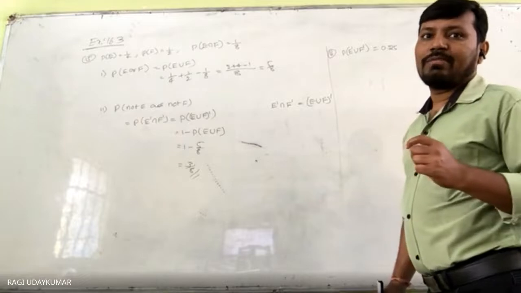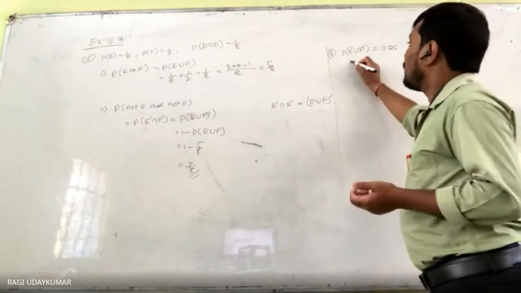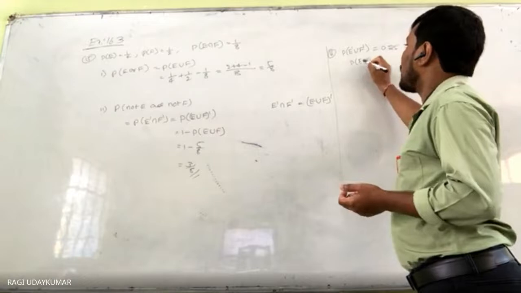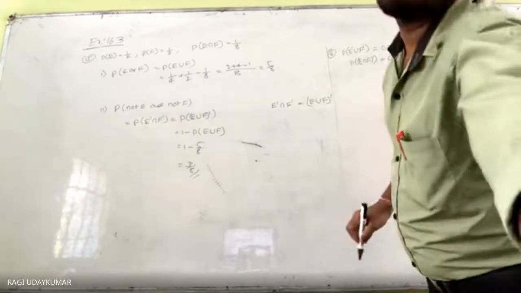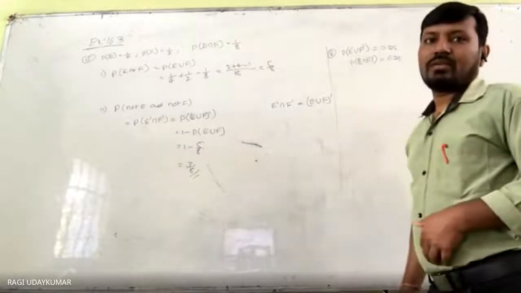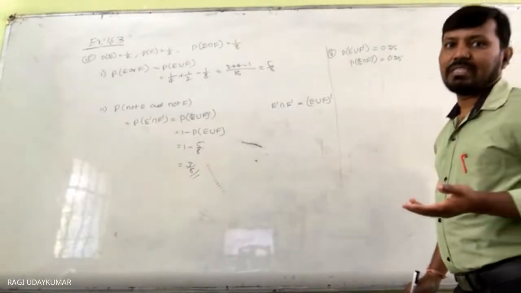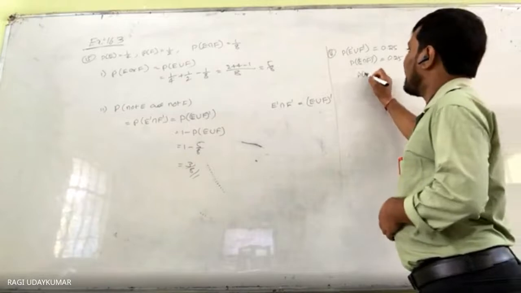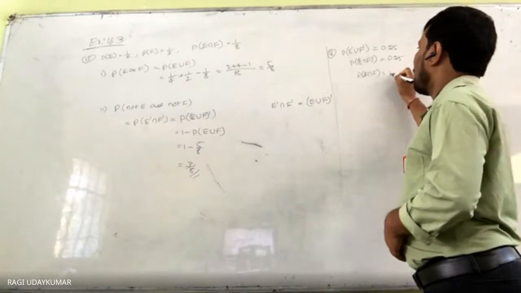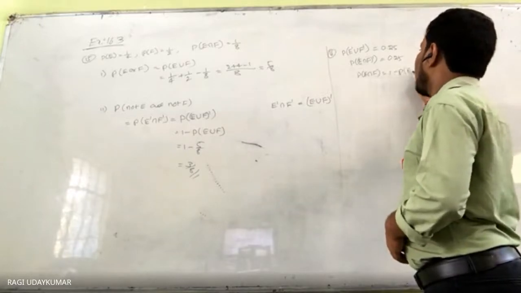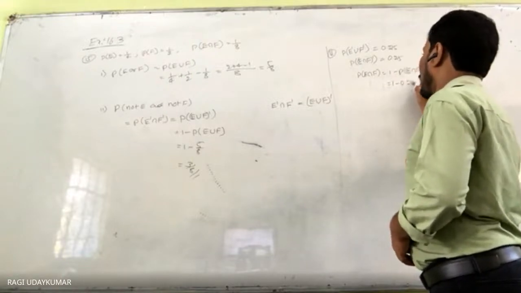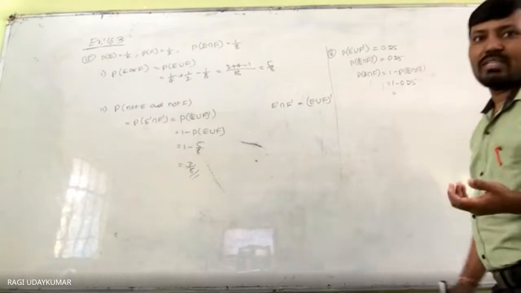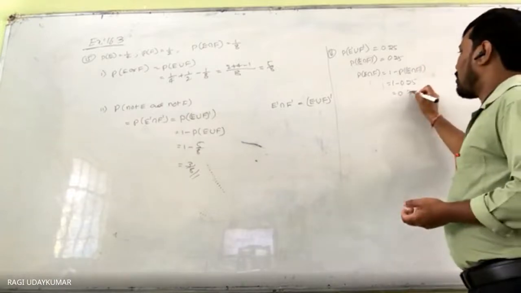So this can be written as E intersection F whole complement is equal to 0.25. So probability of E intersection F is 1 minus probability of E intersection F whole complement, which is equal to 1 minus 0.25, and you are going to get 0.75.